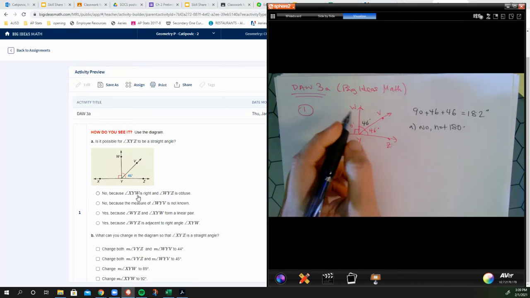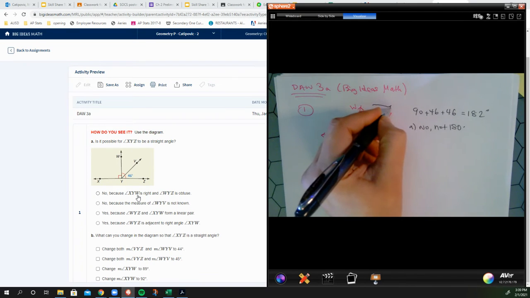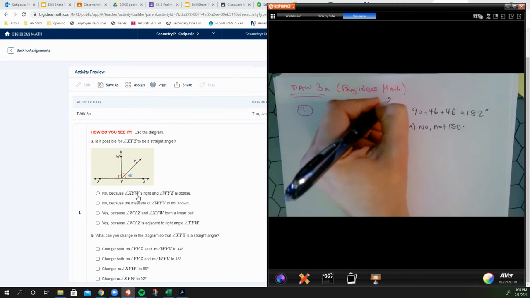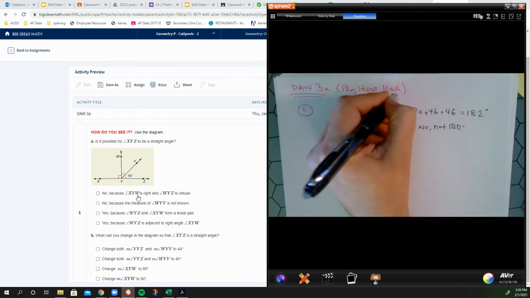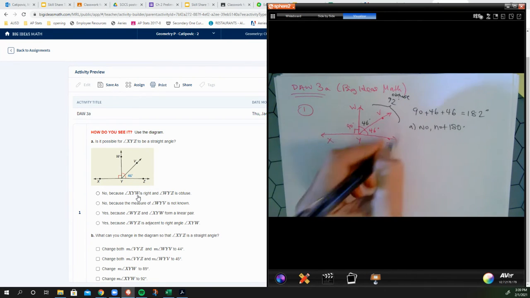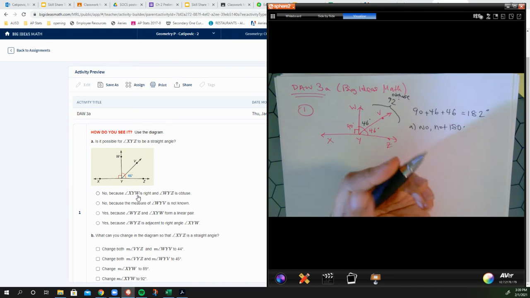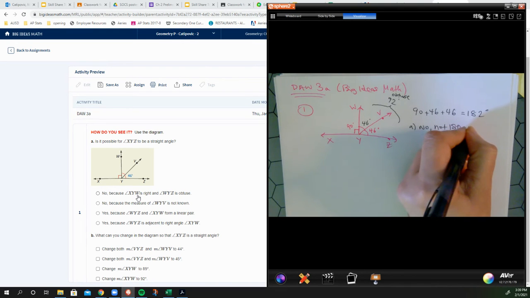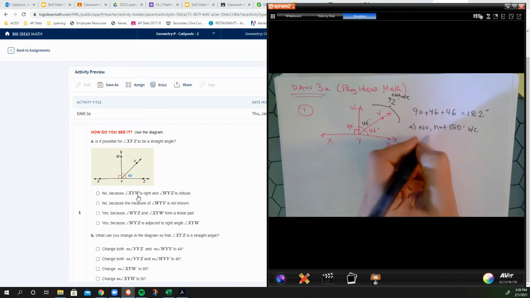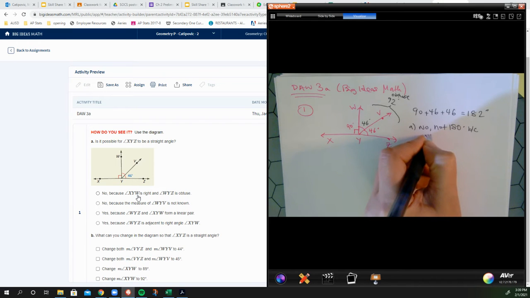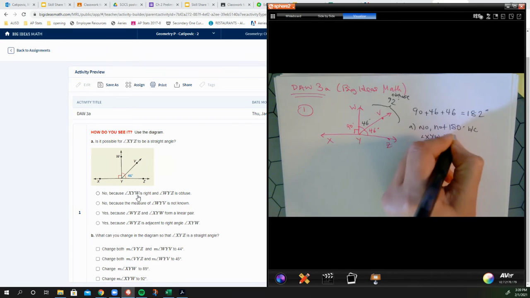Now, I didn't notice that when I was working, but I might notice that if I add these two, this adds up to 92 degrees. That's technically obtuse. It's bigger than 90. So this one's obtuse and this one's right, and that's too much. They don't add up to 180. They went over. So not 180 because angle XYW is right, 90.